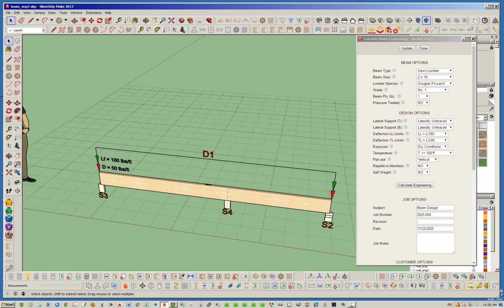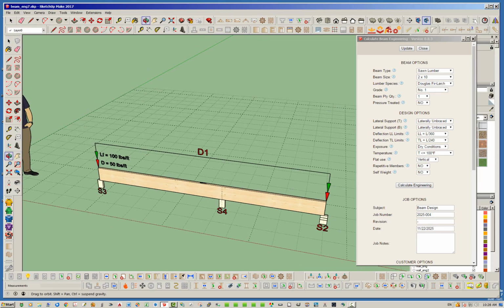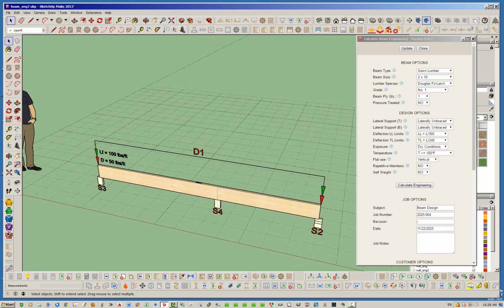Anyways, that's pretty much it as far as all the options with lateral bracing. We have the ability to set full lateral support, braced at the supports, and laterally unbraced, and then of course all of these preset values if we want to set the unbraced length at those values.